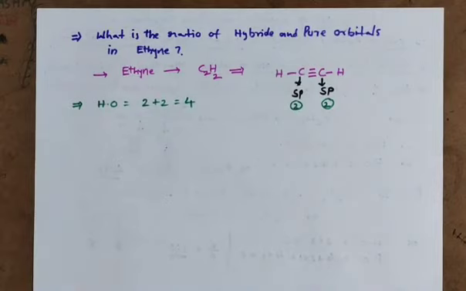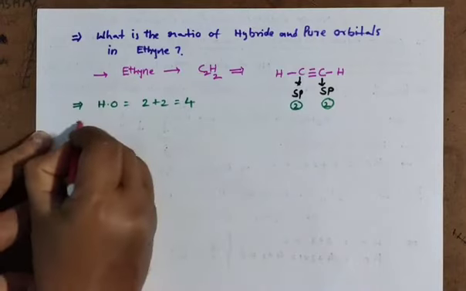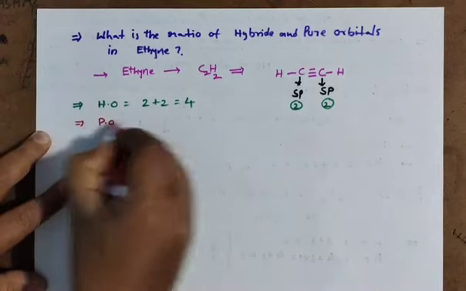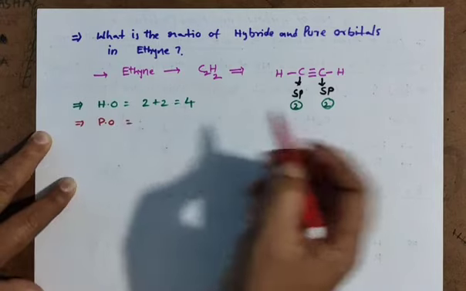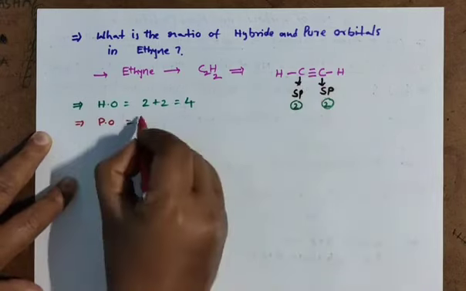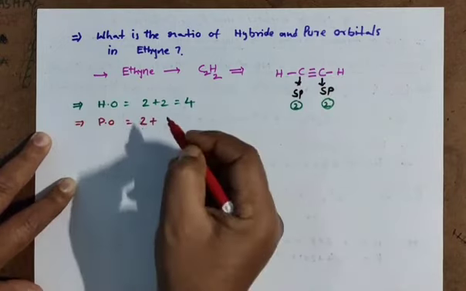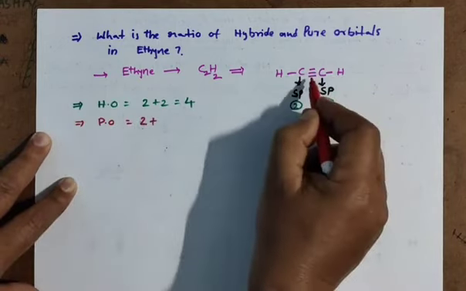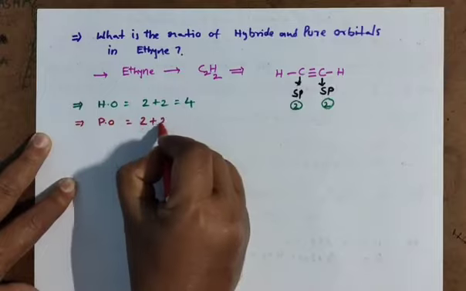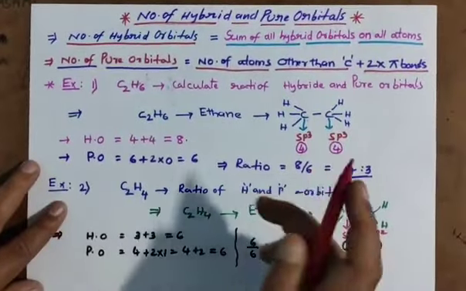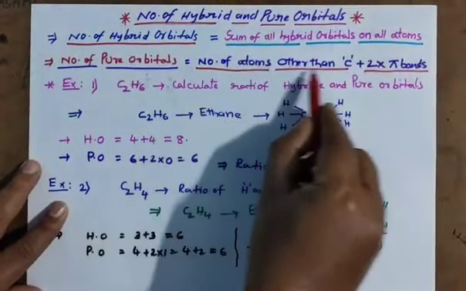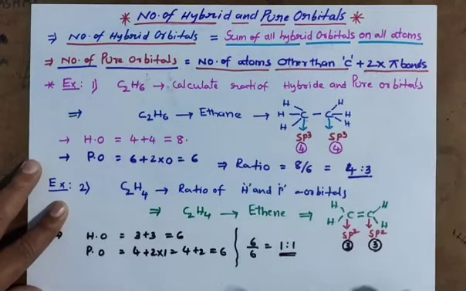Now you go for pure orbitals. What is the formula? Pure orbitals equal the number of atoms other than carbon, that is hydrogens, 2 hydrogens, plus 2 into the number of pi bonds.